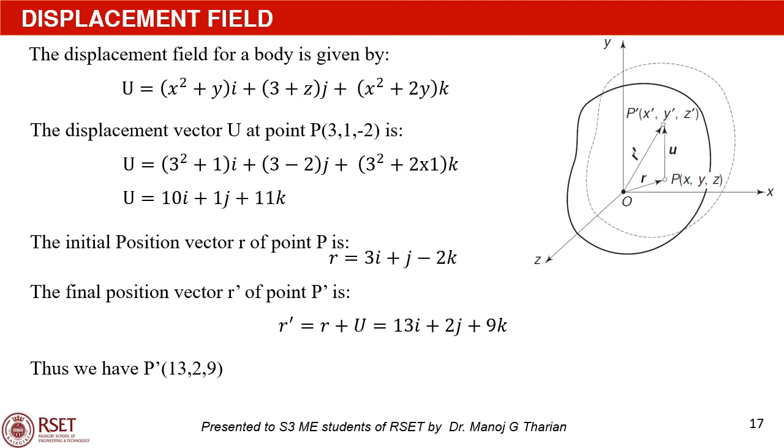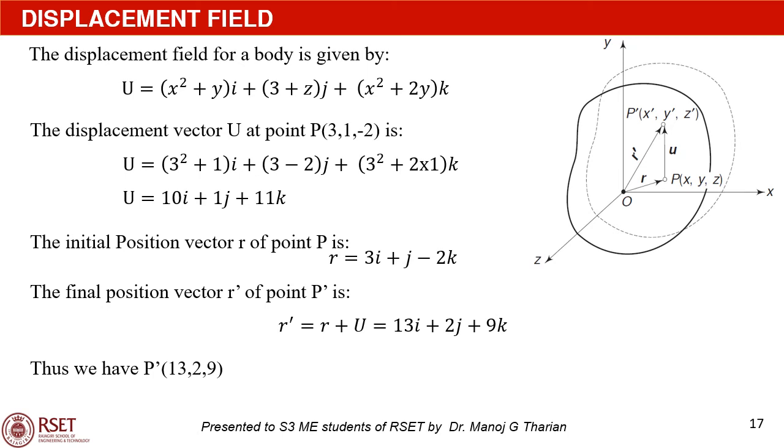After the deformation, point P will take a new position P dash. Thus, the final position vector r dash of point P dash is given by r dash is equal to r plus u. That is, to the initial position vector r, we add vector u, and we get r dash is equal to 13i plus 2j plus 9k.